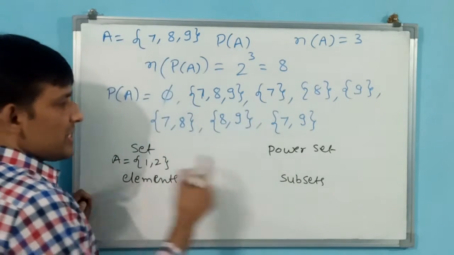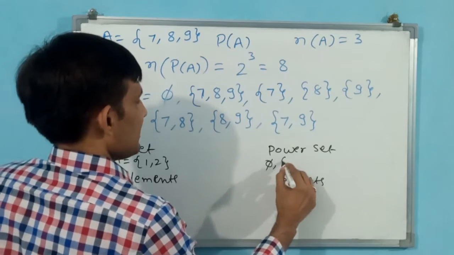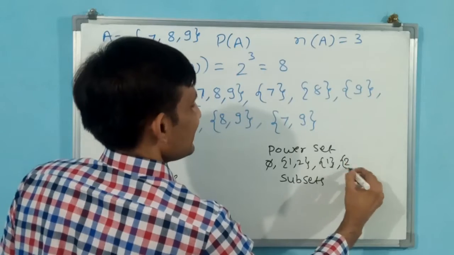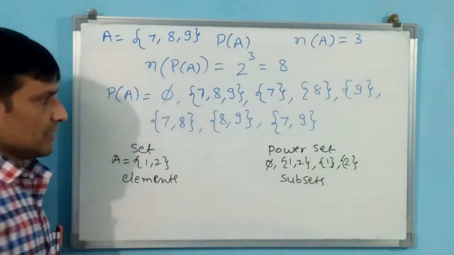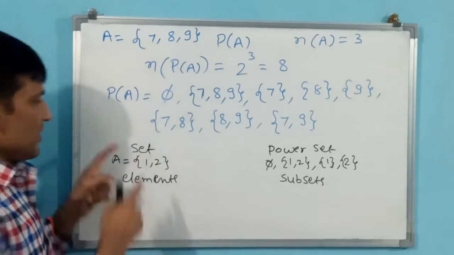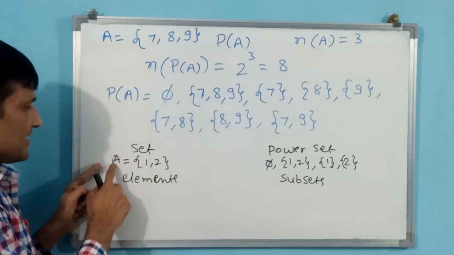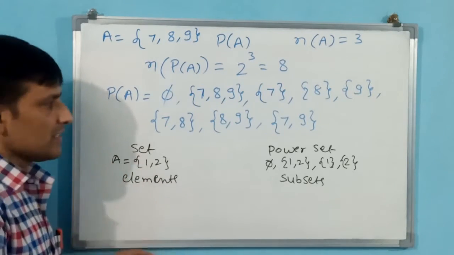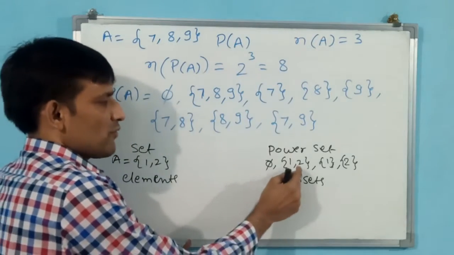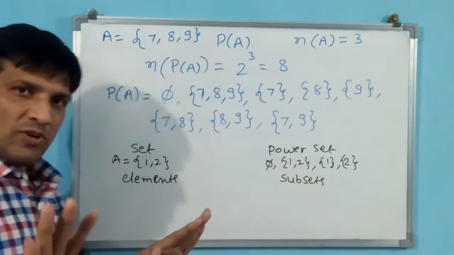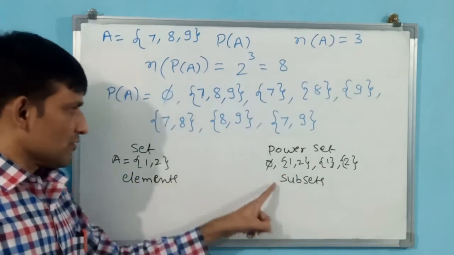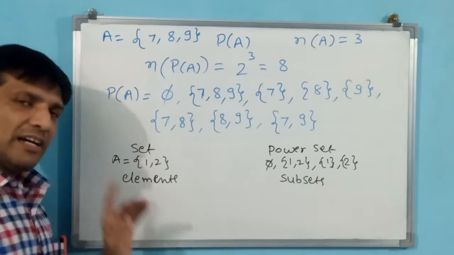For the same A, it will be phi, {1}, {2}, {1, 2}, commas also there. Now you observe, this is set, this is power set. A is a set, A is having 1 and 2 as elements. Power set is having subsets. These are subsets: phi, {1}, {2}, {1, 2}. Now the concept is very clear to you. When power set comes, subsets will come. When set comes, elements will come.